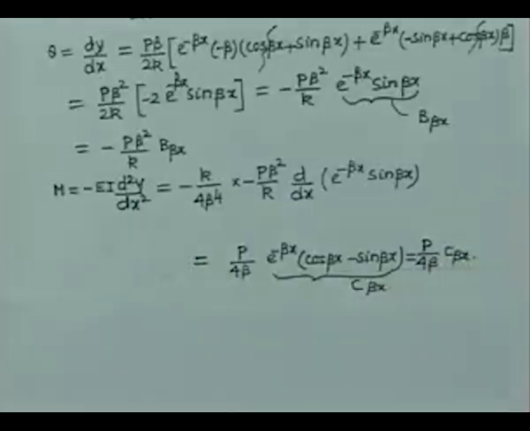So, that is the value for the moment in terms of sine beta x, cos beta x and e to the power minus beta x. Let us try to see what is going to be the value for shear force.